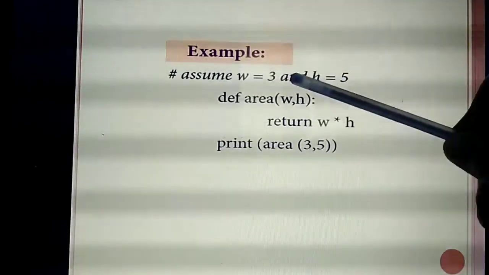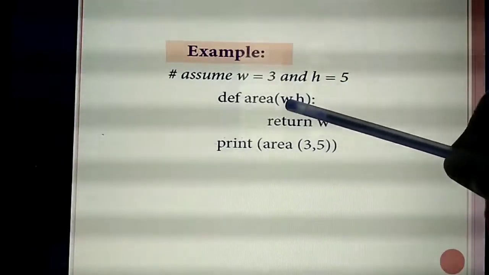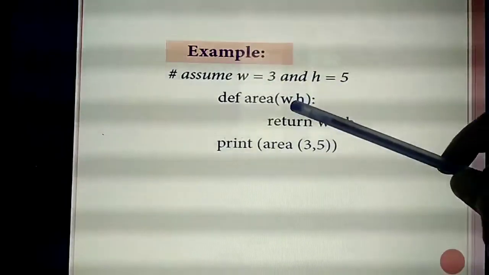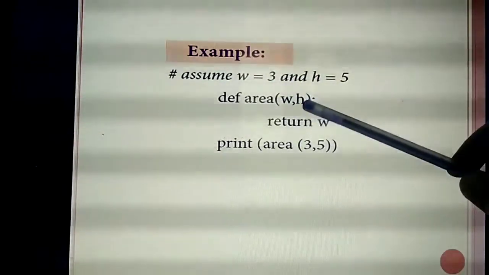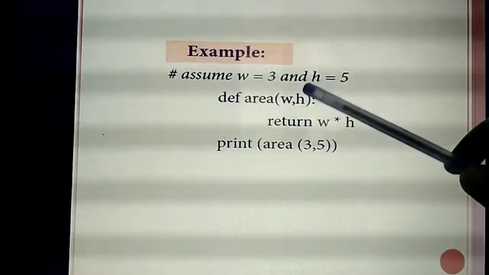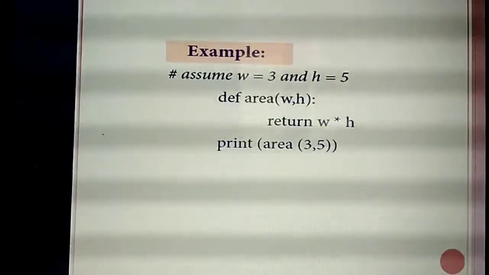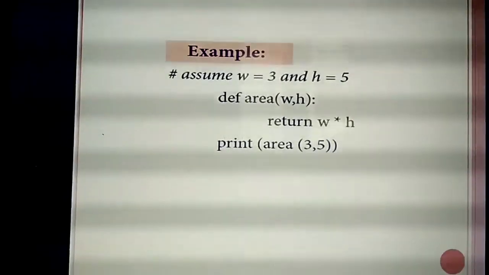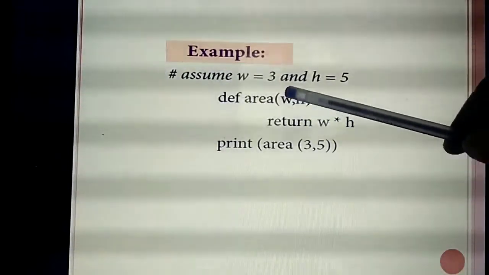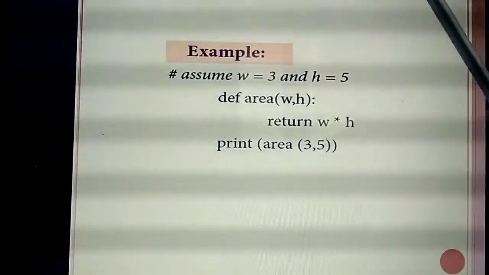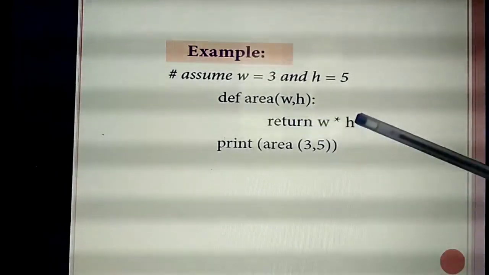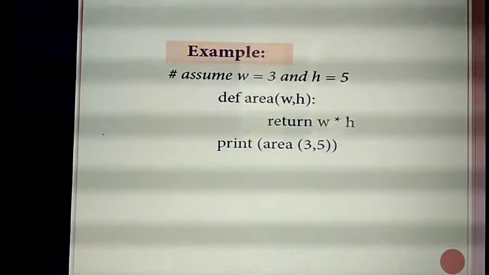But here you are declaring only one variable. For example, here you are not declaring this variable H, or not giving this argument H. W alone you are giving. So without H, you are giving def area of W, that's all. Then return W into H. Print area of 3, 5.